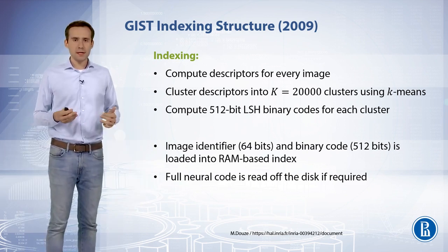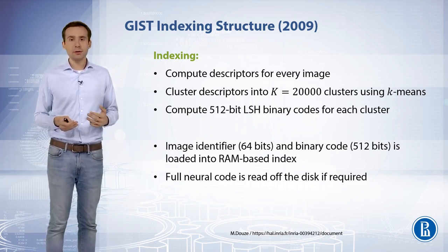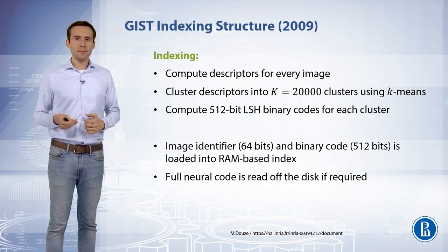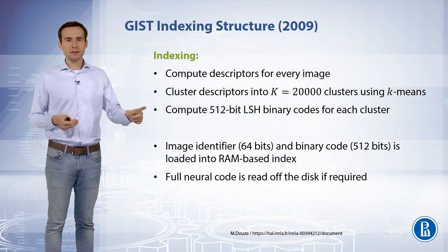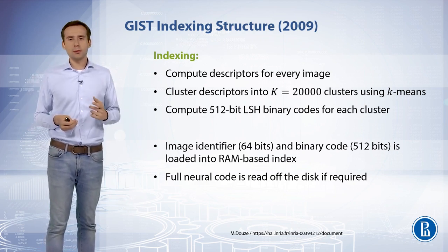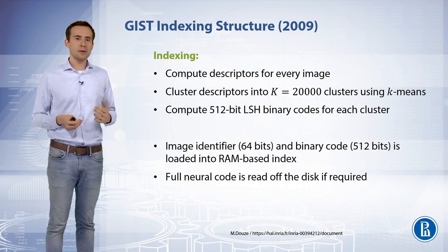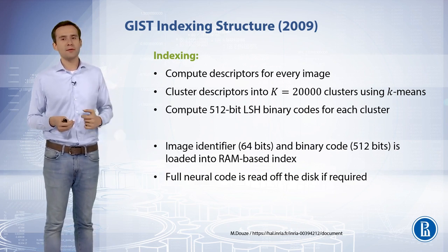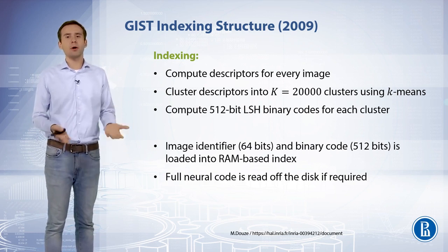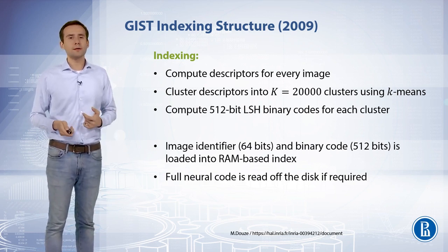After clustering, we apply locality-sensitive hashing to compute 512-bit binary codes to encode the difference between cluster centroids and original image descriptors. We may choose to only store a 64-bit image identifier along with a 512-bit binary code in RAM, loading descriptors off the disk when required.